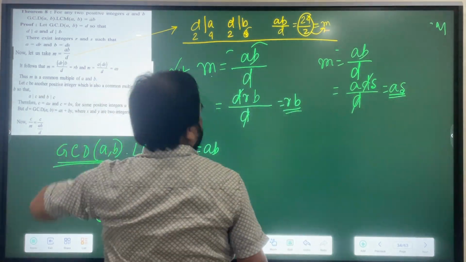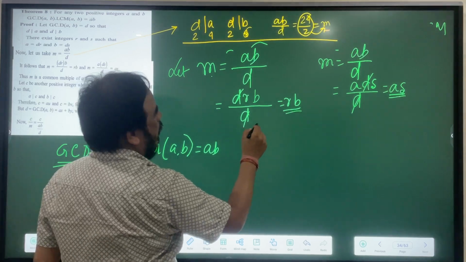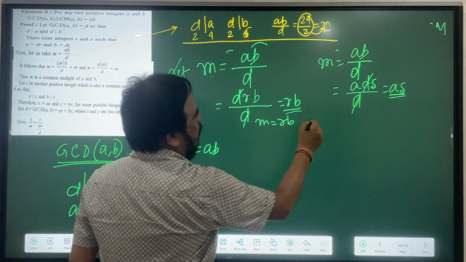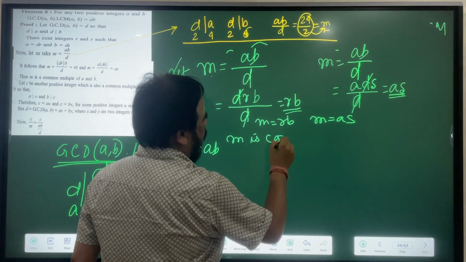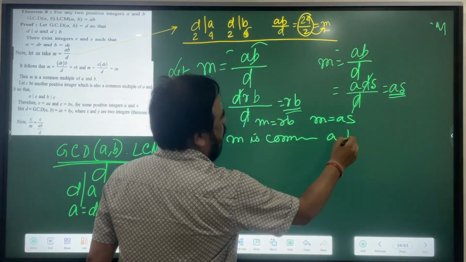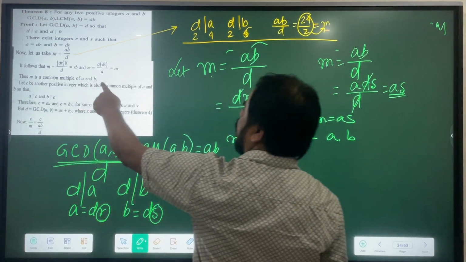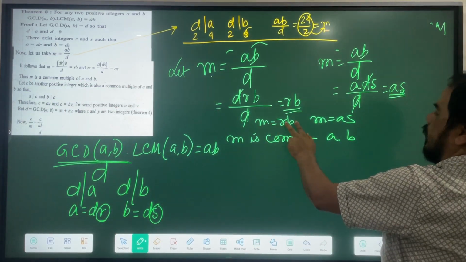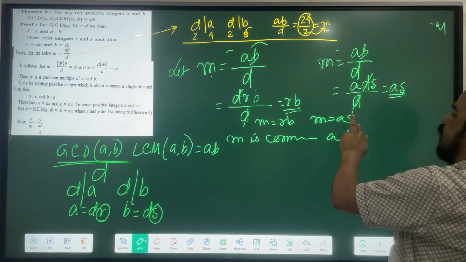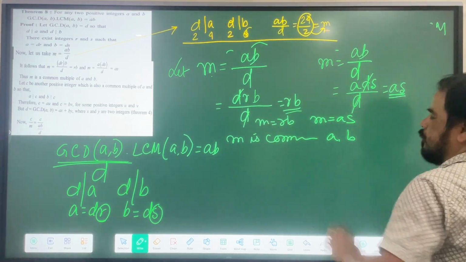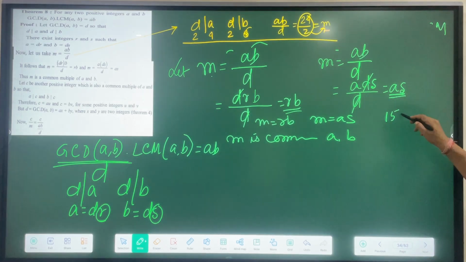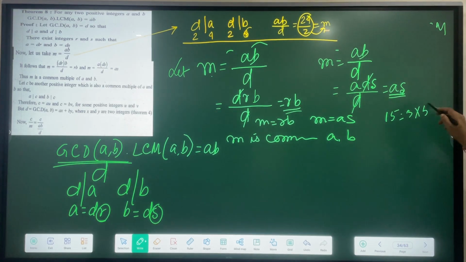So M is a common multiple of, look here, M equals rB, M equals AS. So M is a common multiple of A and B, because r into B, A into s, where r and s are any integers. For example, look here, 15 is equal to 3 into 5, and 30 is equal to 6 into 5.